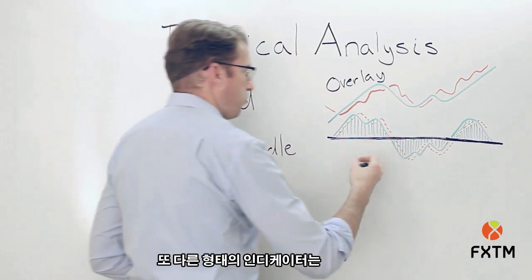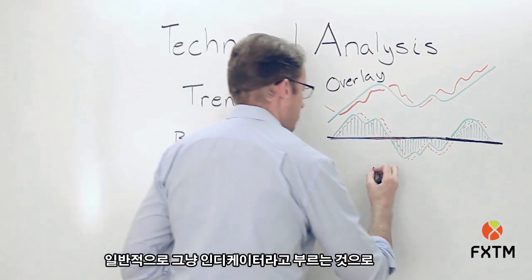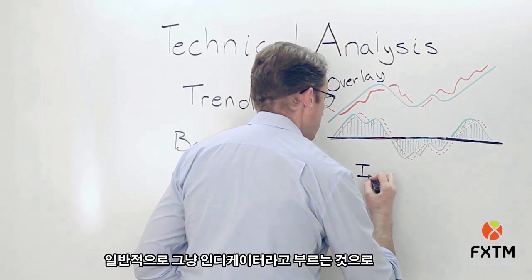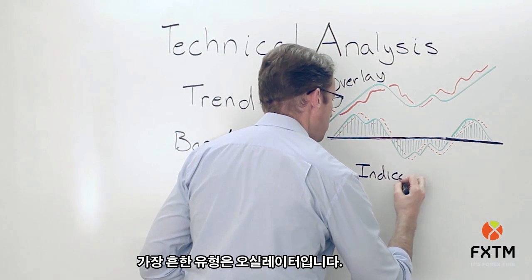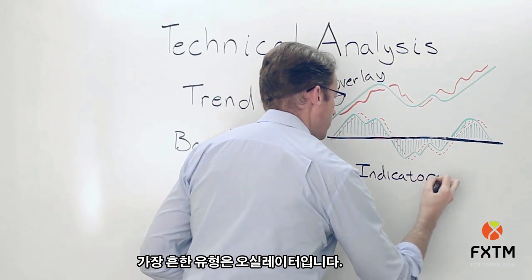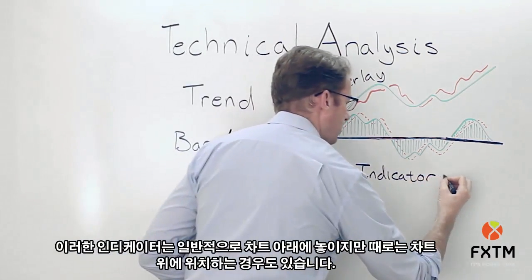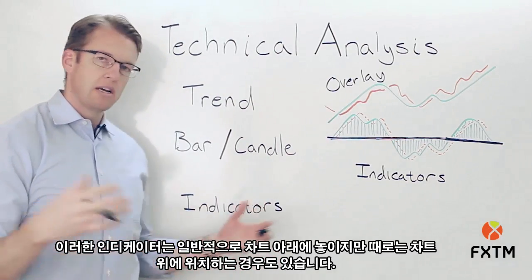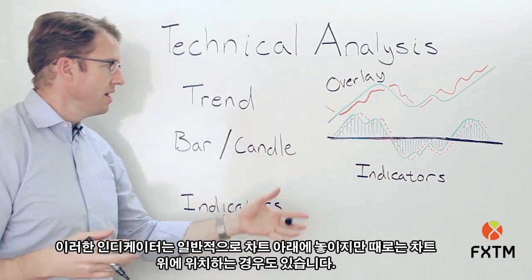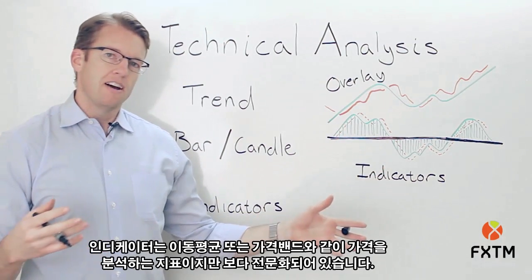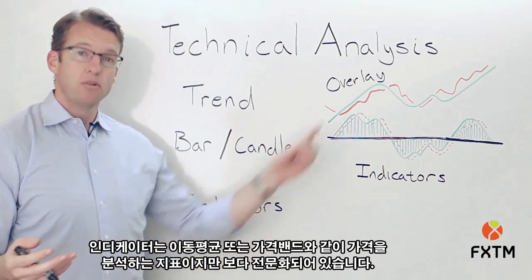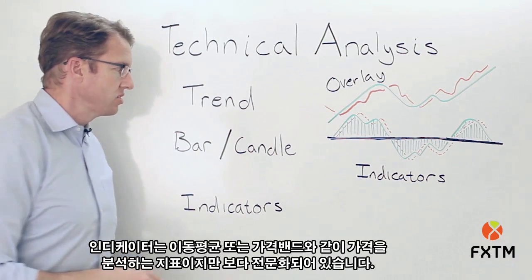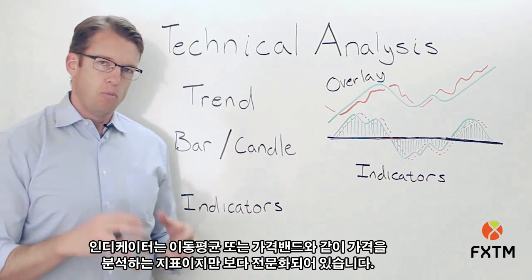Now, the other form of technical indicator, and we might just call these indicators in general, the most common type are oscillators, and indicators like this usually sit below the price chart, or sometimes you'll place them above the price chart. They are a study of price over time, like a moving average is, or like price bands are, but they are more specialized.